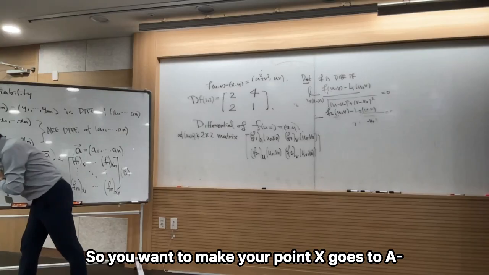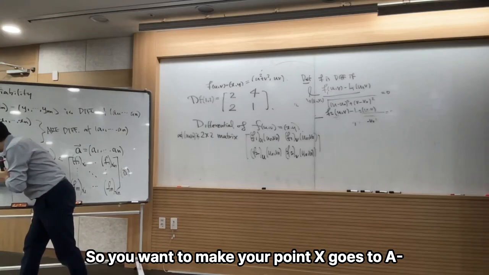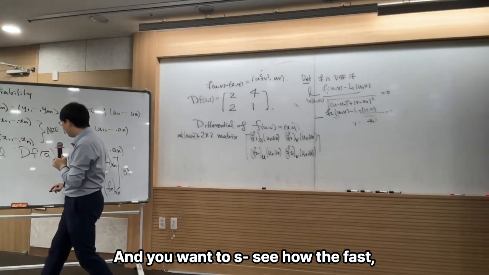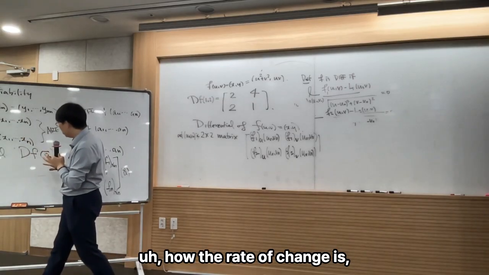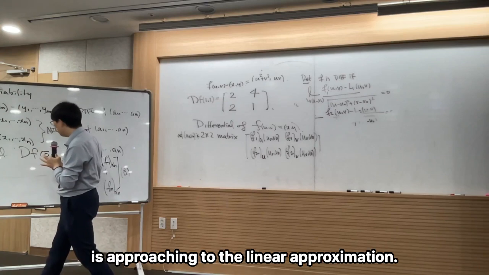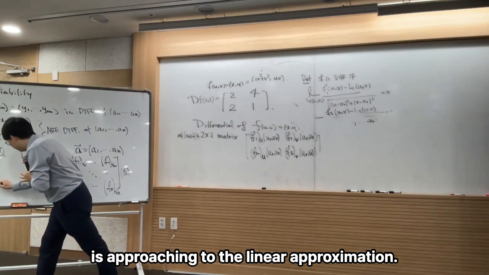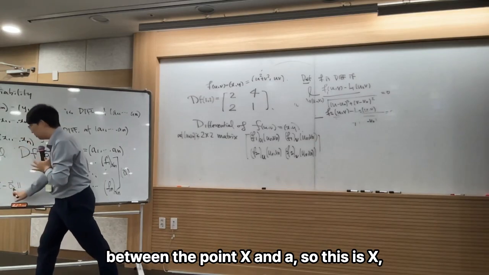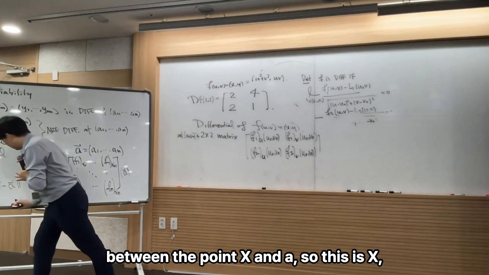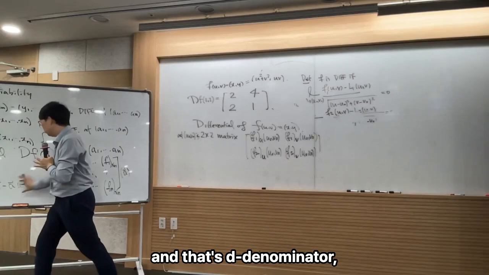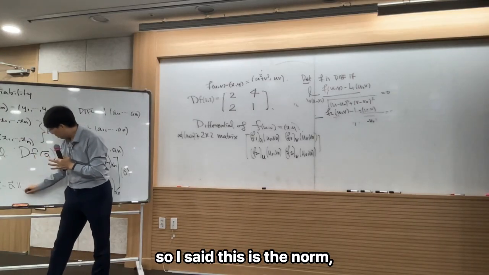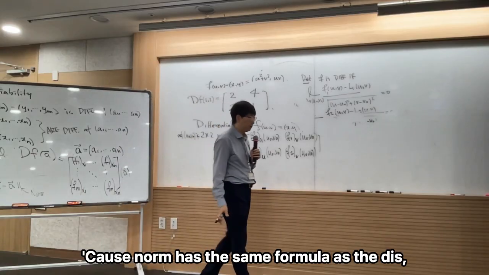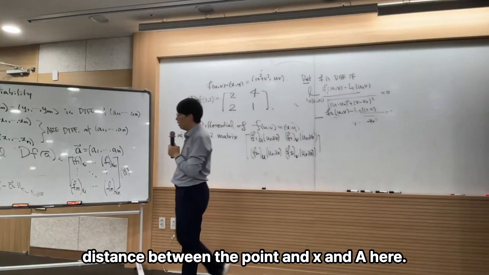So you want to make your point x go to A, and you want to see how fast the function is approaching the linear approximation. So you want to see the distance between the point x and A. This is x. And that's the denominator. I said this is kind of a norm, because a norm has the same formula as the distance between the points x and A here.